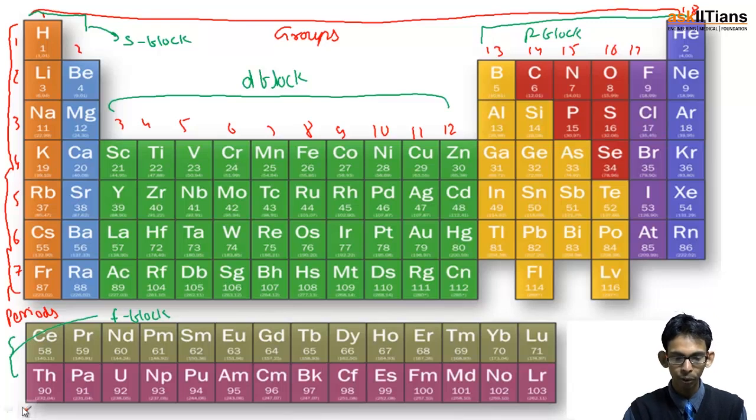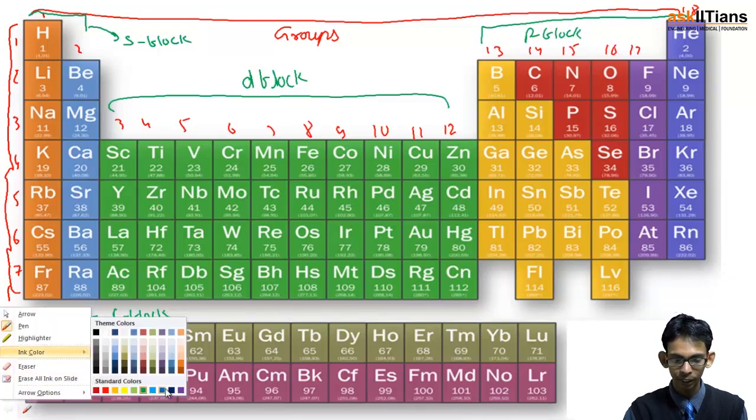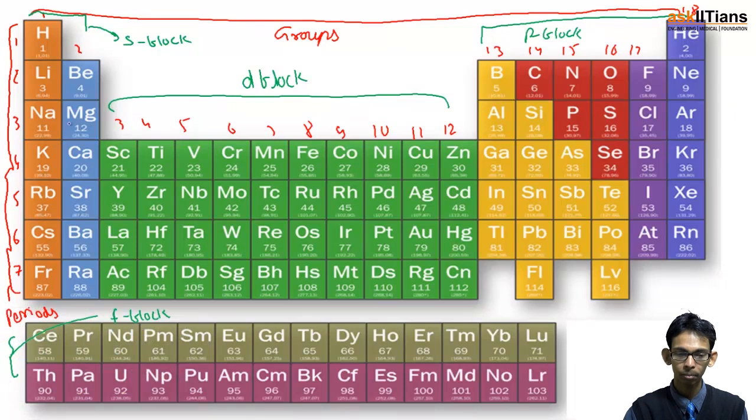If you write the electronic configuration of any element present in S block, you will find that the last electron enters the S subshell. Let's write that for lithium. Atomic number is 3, and it would be 1s2, 2s1.